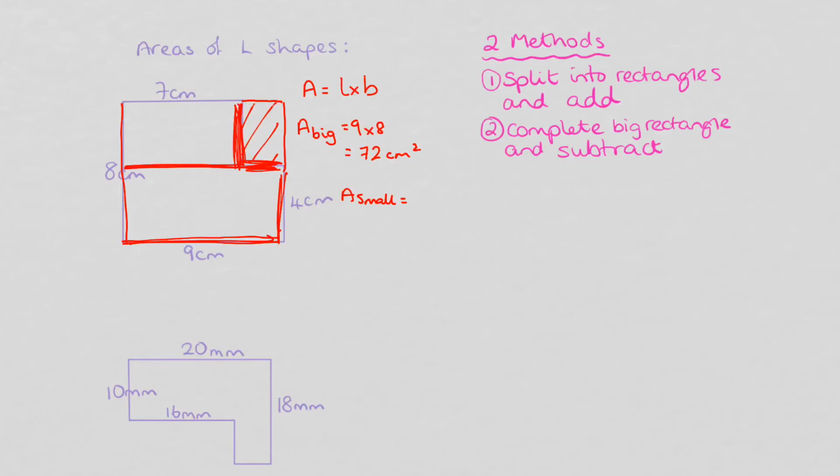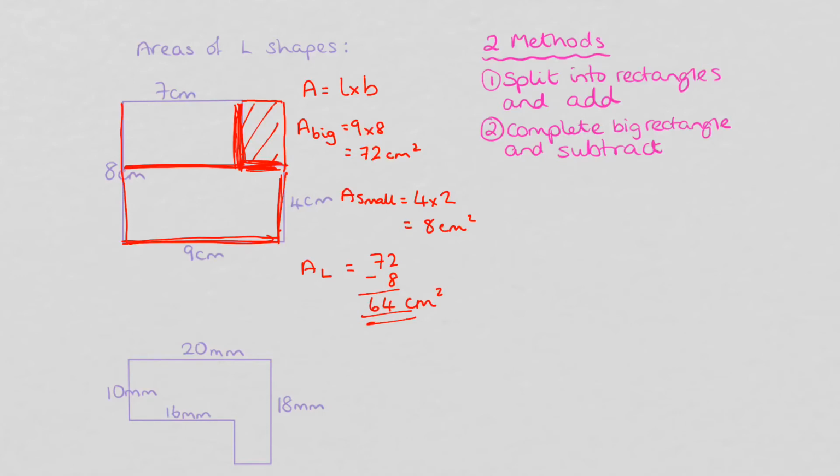So we've got 4 by 2. Remember, it doesn't matter what order we do these in. So that would be 8 square centimetres. And then the area of the L shape is going to be the 72 take away the 8, which gives us the 64 square centimetres that we had for the answer when we did it the other way.